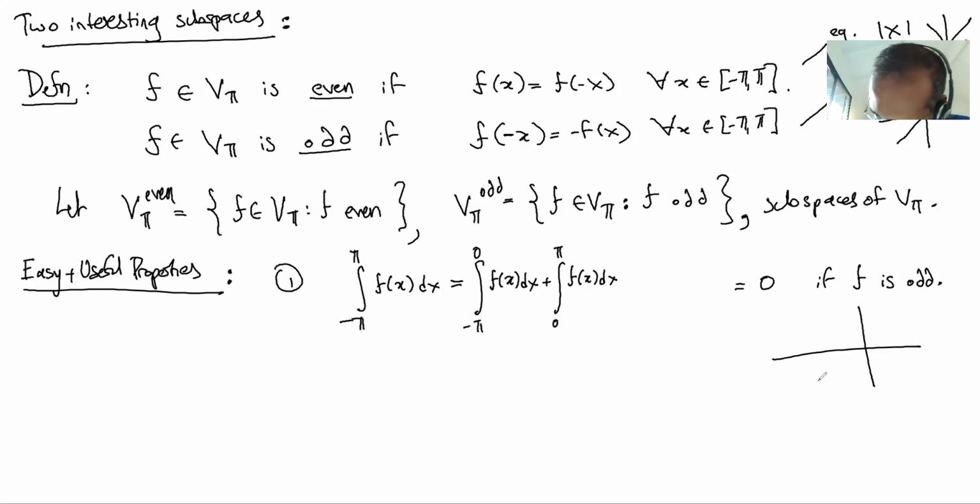If you have an odd function, let's say this function, these two integrals, one of them is computing this area, but because when you flip it across the y-axis, you get the negative mirror image, the first integral is computing this area with a negative sign. And so these cancel, and you just get 0. Formally, you do a little change of variables, u equals minus x or something like that. So for an odd function, its integral on this interval is just 0 by symmetry. The part on the positive x-axis cancels the part on the negative.